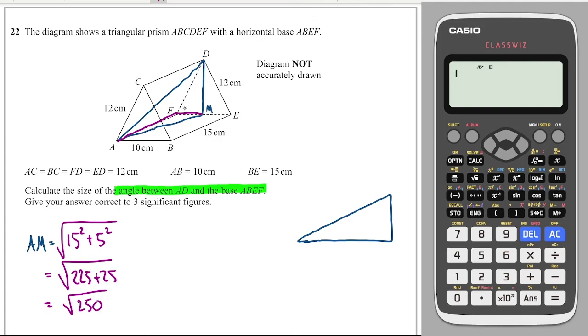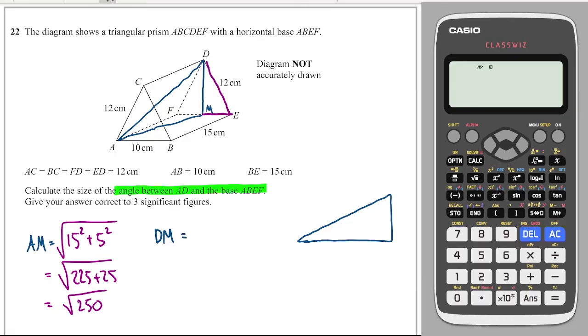Now the next one I can look for is D to M. I think we should be able to work that one out, D to M, because that itself is a side of another right angle triangle that looks like this.